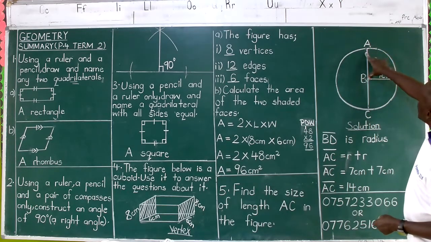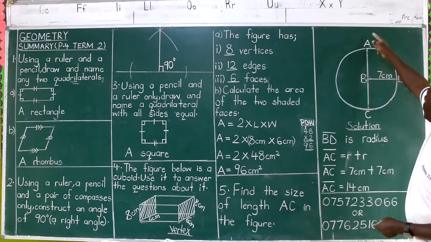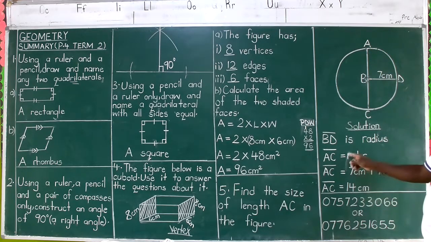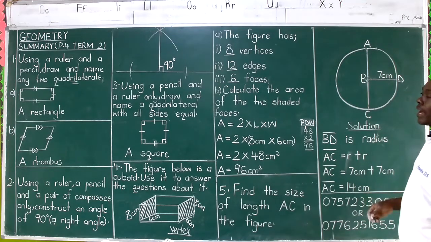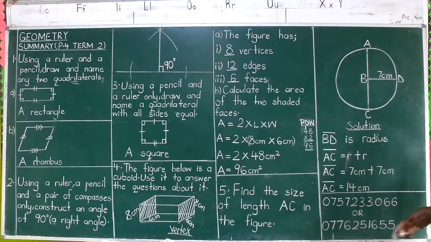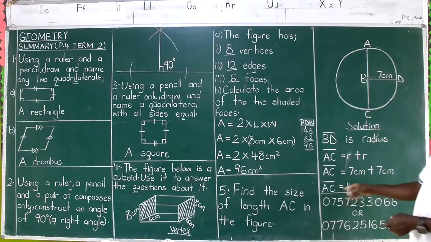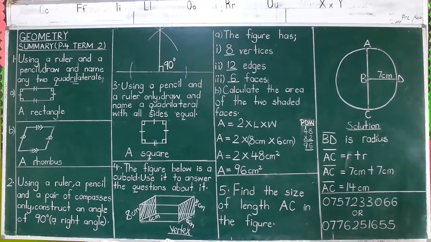So we have got 7 centimeters plus 7 centimeters. You get the whole AC. That's radius plus radius. So line AC equals 7 centimeters plus 7 centimeters, where when you add accurately, you get 14 centimeters. So line AC equals 14 centimeters.